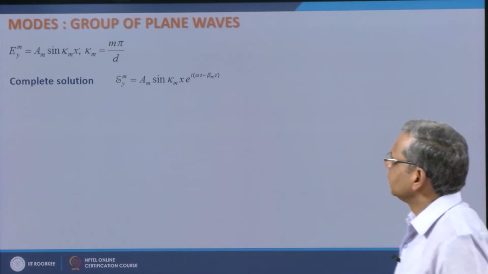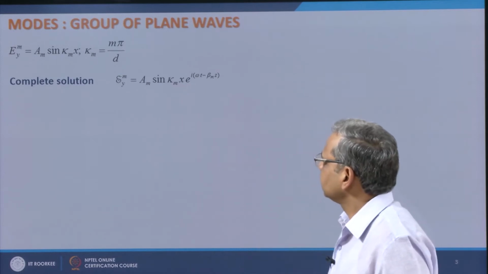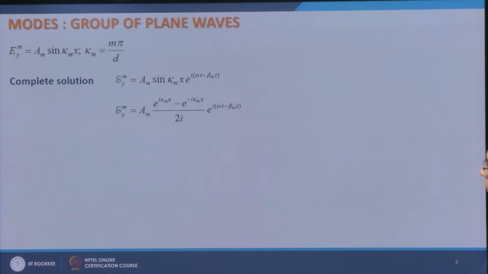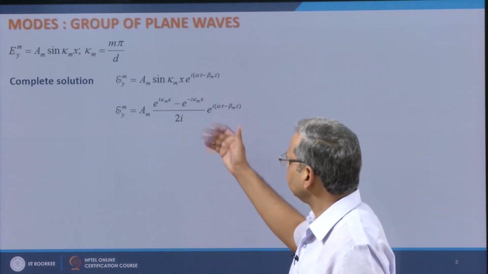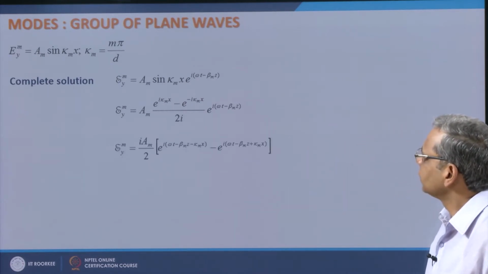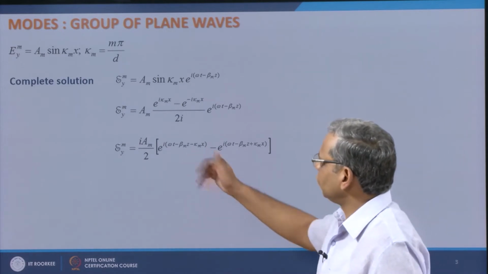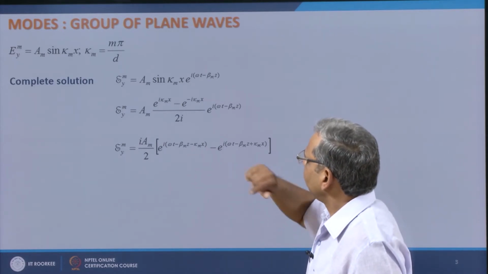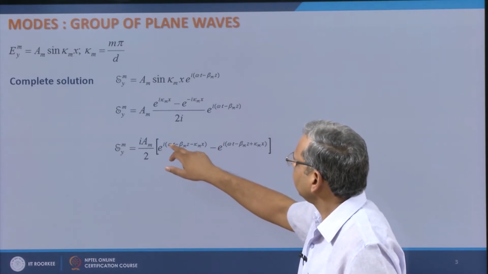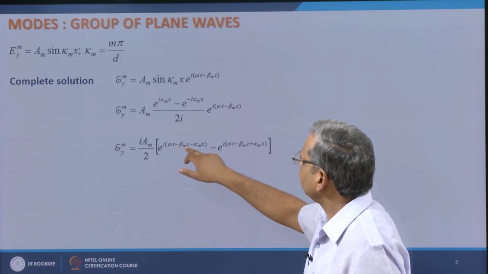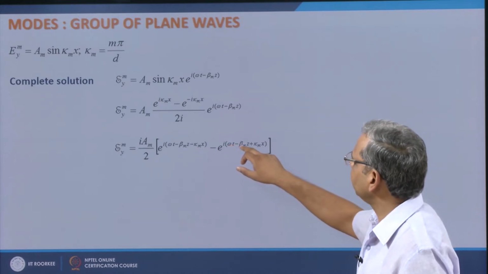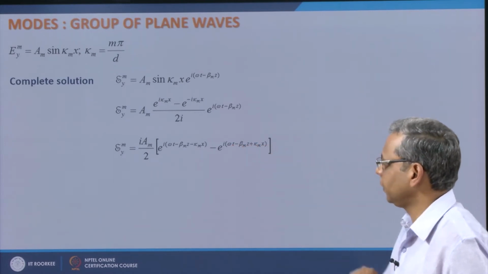Let me write this sin kappa m x in the form of e to the power plus minus i kappa m x. If I do that, I get e to the power i omega t minus beta m z minus kappa m x, and then e to the power i omega t minus beta m z plus kappa m x.